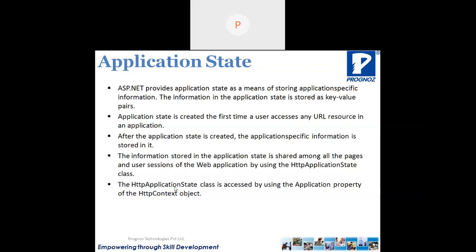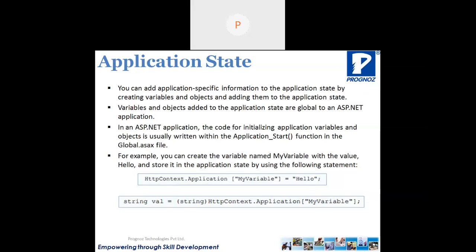Then you can add the application specific information to the Application_Start method, by creating the objects and adding them into the application state.